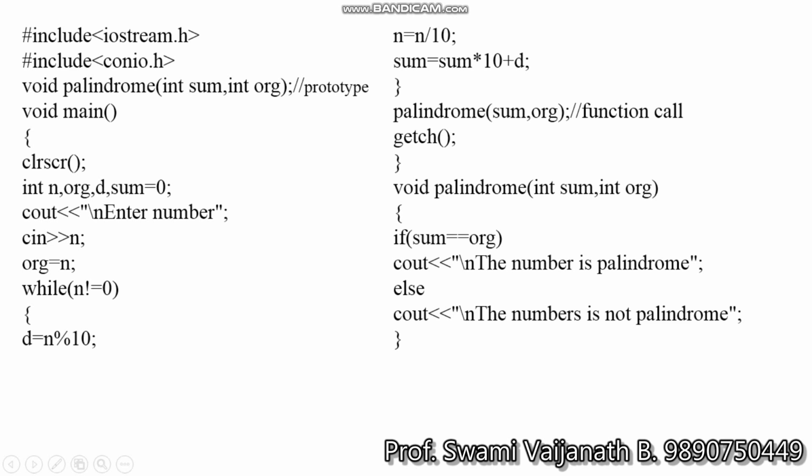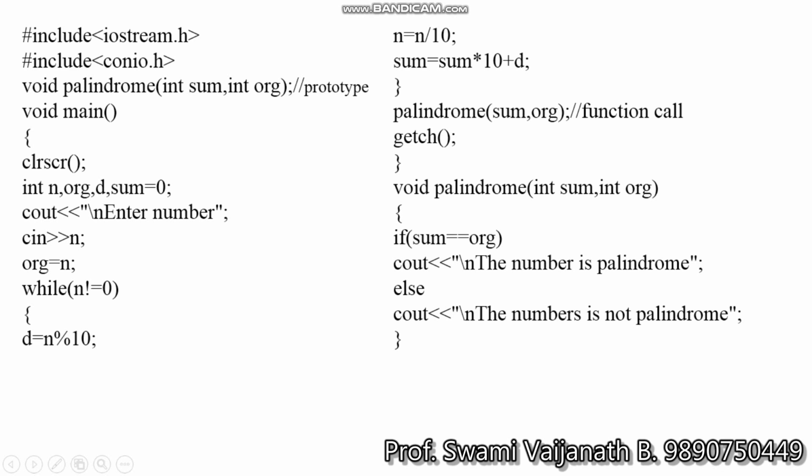The main function contains the actual arguments. Whenever you enter a number, the while loop separates each digit, divides by 10, and calculates the sum of each digit multiplied by 10. Then if sum is equal to the original number, it displays the number is palindrome, otherwise it displays not palindrome.